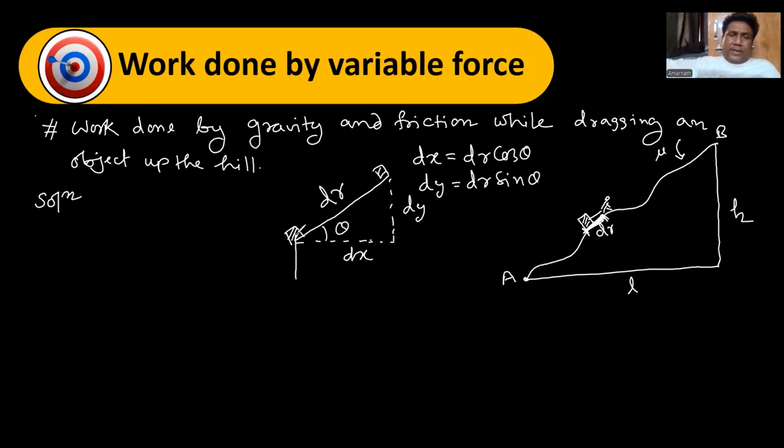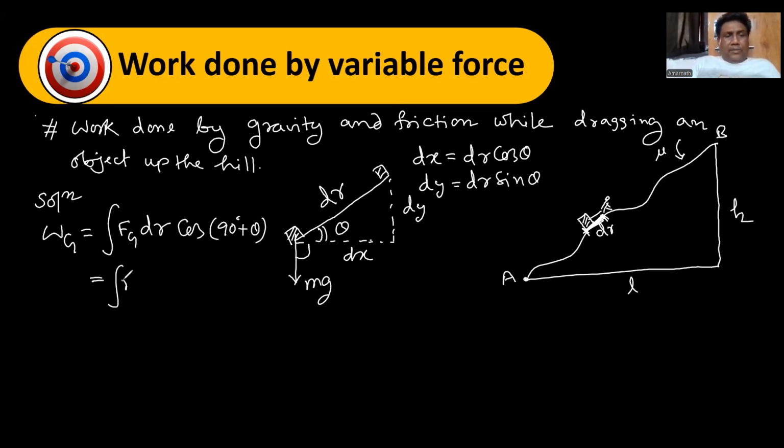what is the work done by gravity? The gravitational force is nothing but mg. So the work done by gravity is the integration of the dot product of force and displacement. The angle will be 90 plus theta, because this is 90 degrees and it is theta. The gravitational force is mg, and cos of 90 plus theta is minus sin theta.